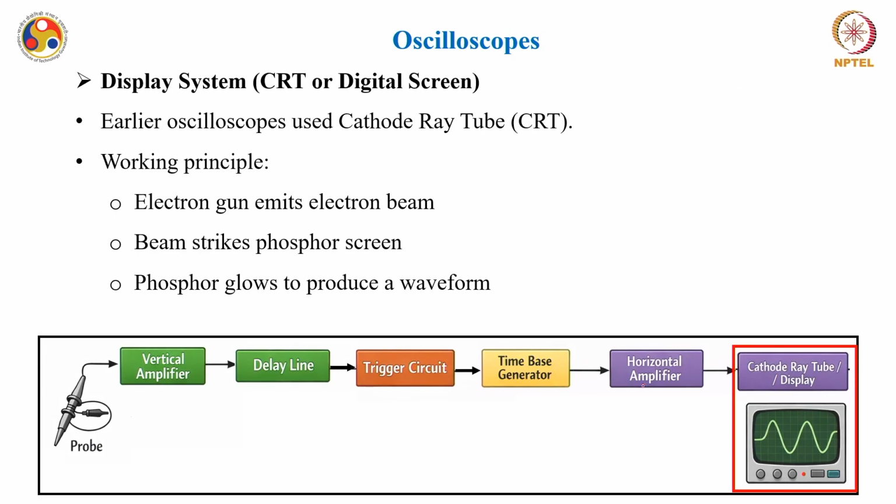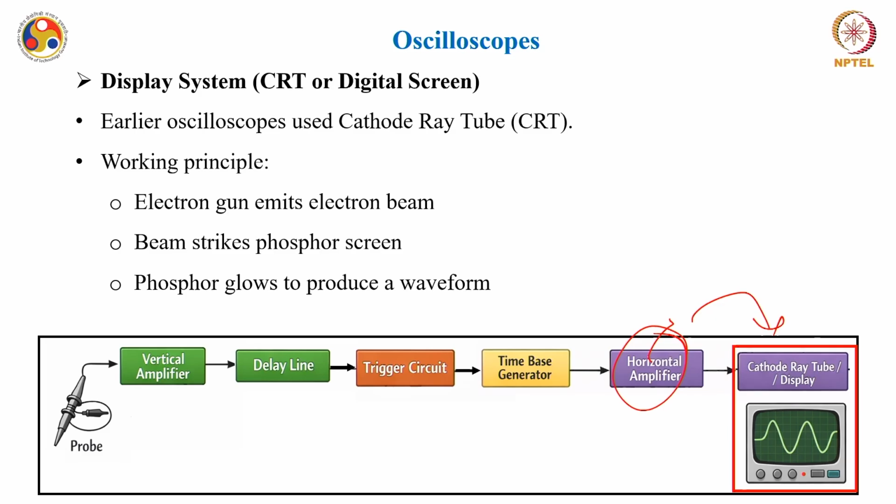Then after this deflection, at this particular front, you have the CRT or the display, depending on what display you are using. The conventional one, as I have mentioned, uses a CRT. The working principle of a CRT is very simple. You have an electron gun which emits an electron beam that strikes a phosphor screen, and the phosphor glows to produce a waveform.